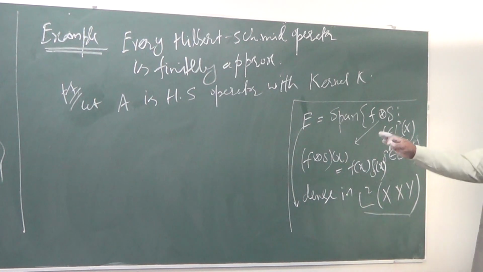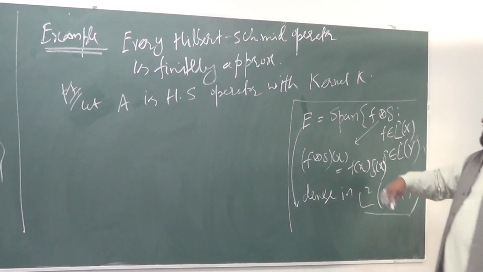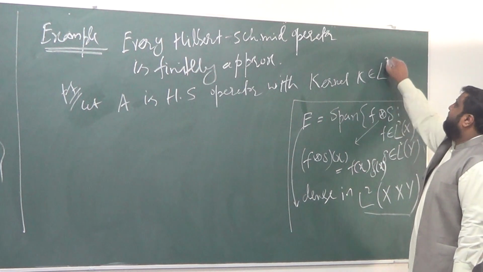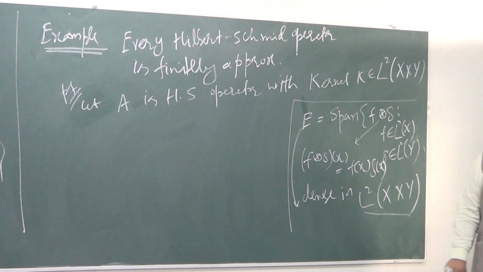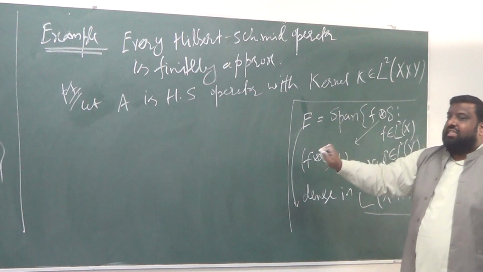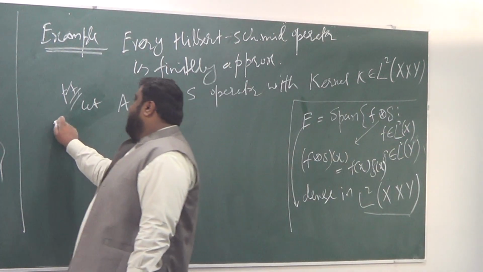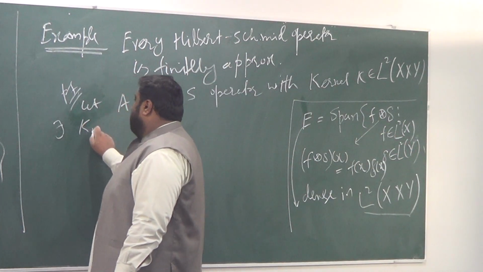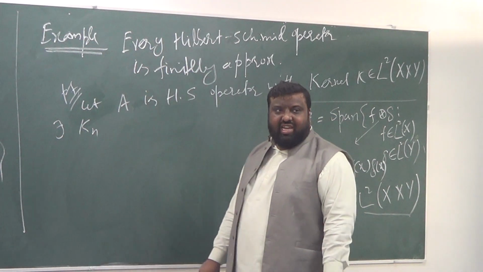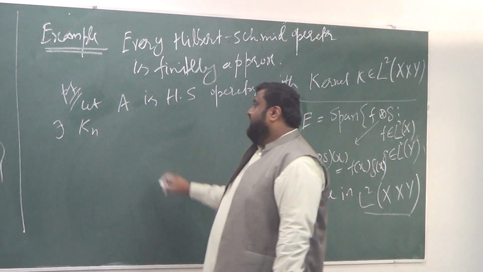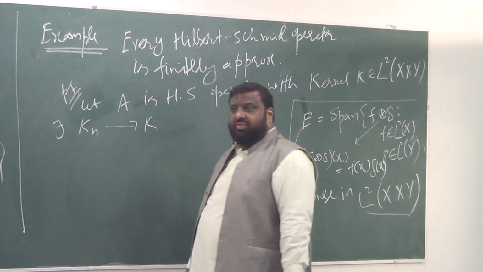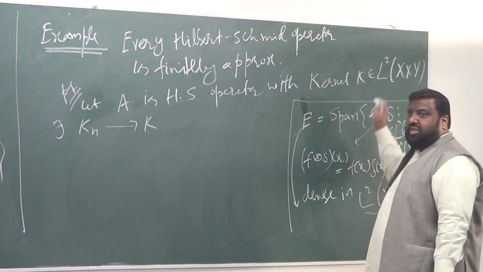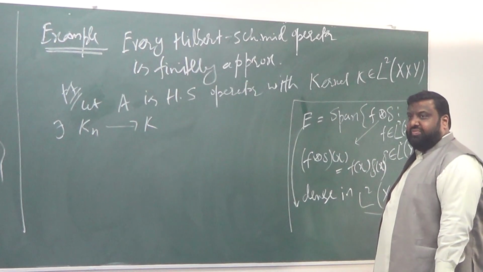Now, if I return to this example, I know that my kernel is from this L2 of X cross Y, where X and Y are two intervals, and this E is dense in it. So what does it mean? It means that there exists a sequence Kn in E such that it approximates K in this L2 norm of X cross Y.